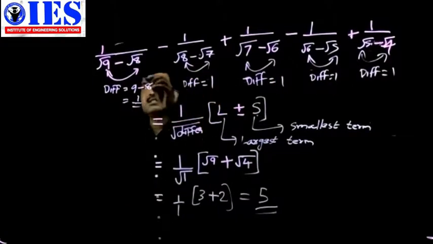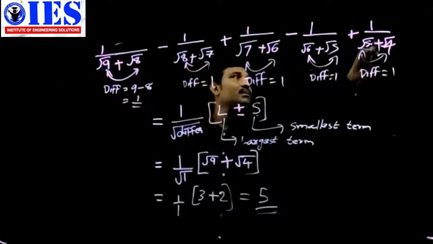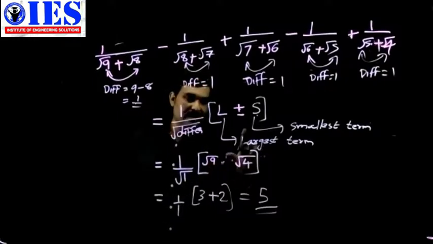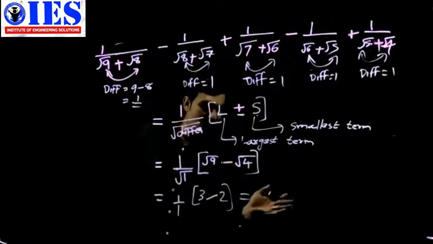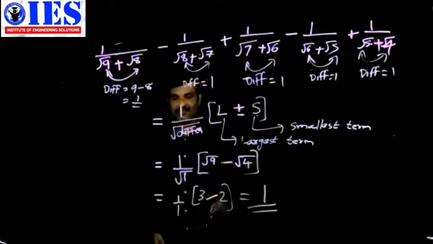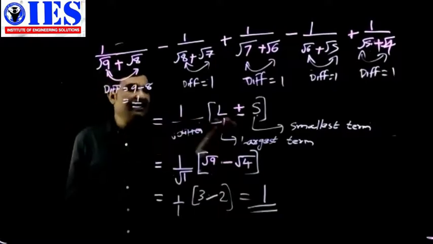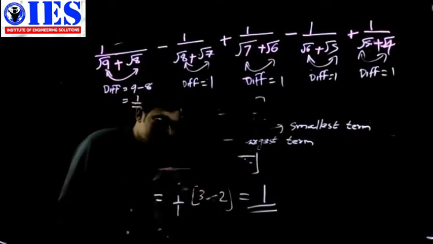Suppose we have all plus, I'm writing plus, plus, plus, plus, plus. Then what becomes the solution? 1 by root 1 and this plus is replaced by minus. So this becomes 3 minus 2. So the solution becomes 1. Right. So that is the difference. Okay. Now based on this concept, we can do some more problems.